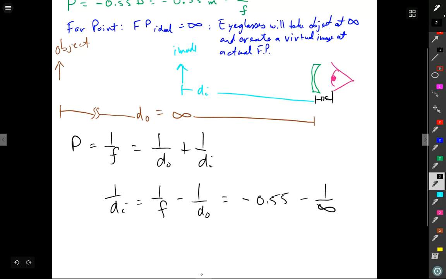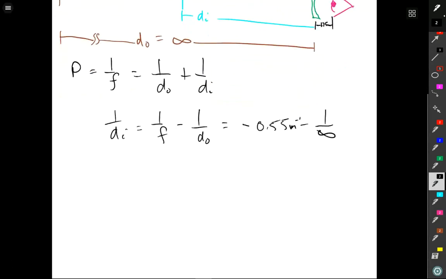Inverse meters there for my units. 1 over infinity is 0. So that gives me distance image is equal to 1 over minus 0.55 inverse meters.